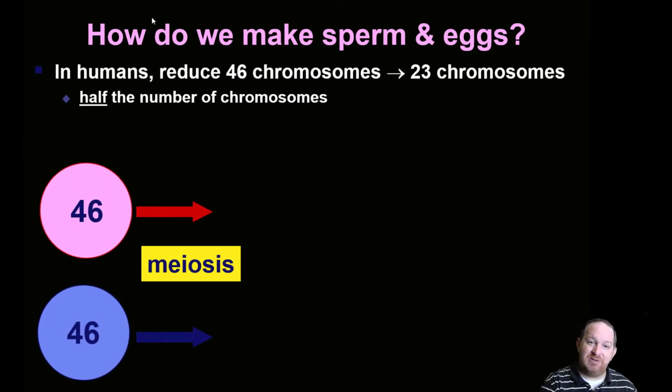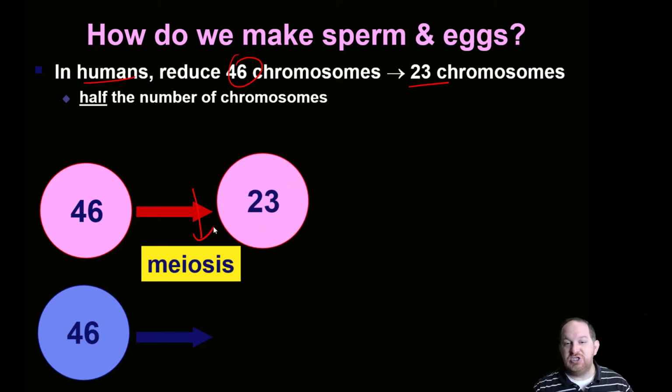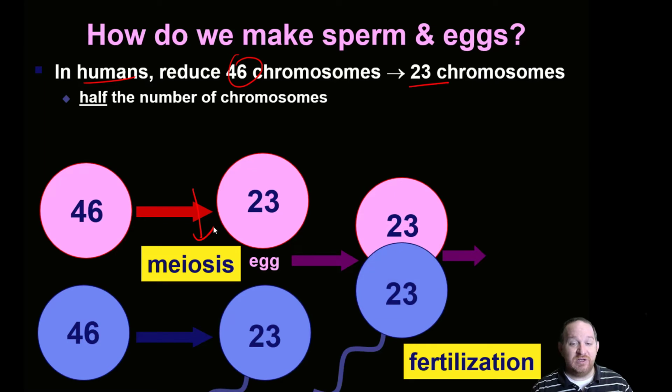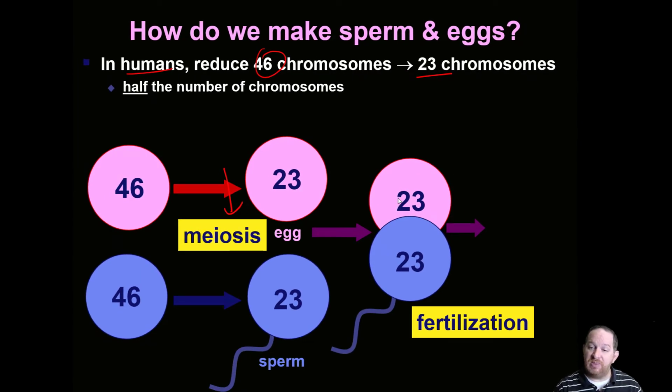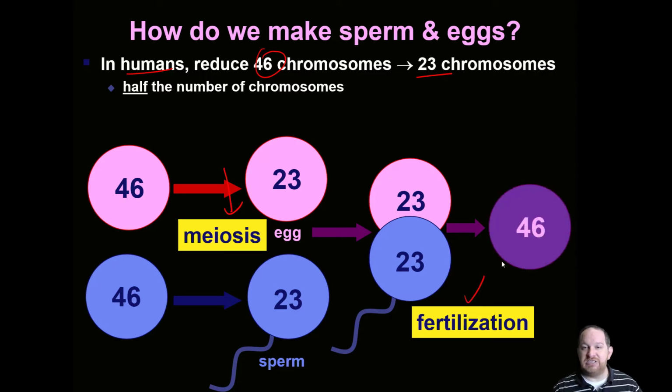So what has to happen is we need to reduce, for humans, those 46 chromosomes to 23 chromosomes. Now, other organisms will have a different number of chromosomes, but the process is very similar. So we reduce the 46 down to 23. Basically, we need to go to half. That process is called meiosis. So if we take 46 down to 23 in the egg, and 46 down to 23 for the sperm, when the sperm and the egg fertilize or come together, then we're back to our original 46.